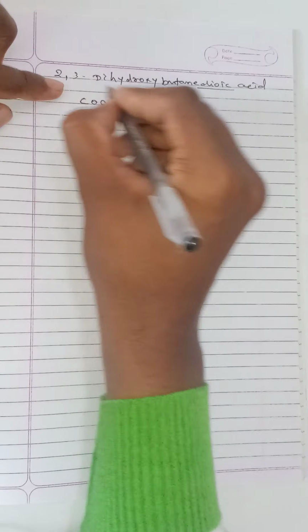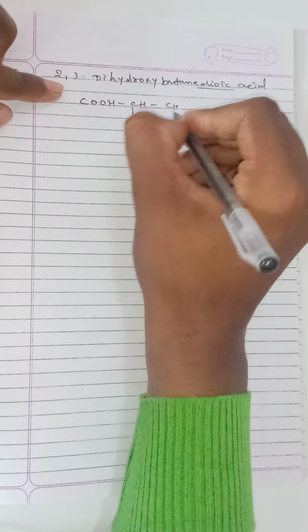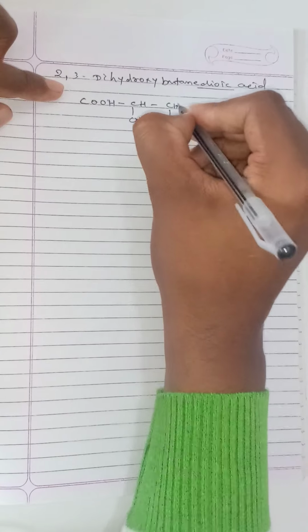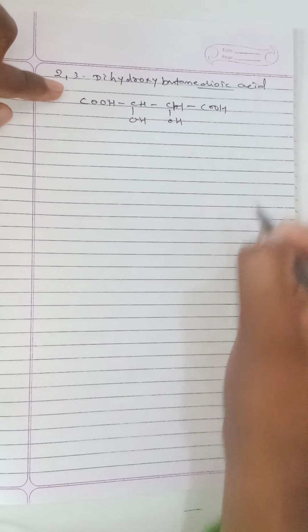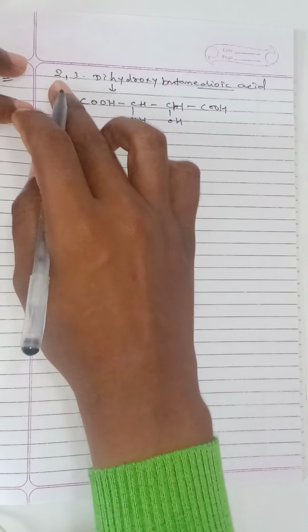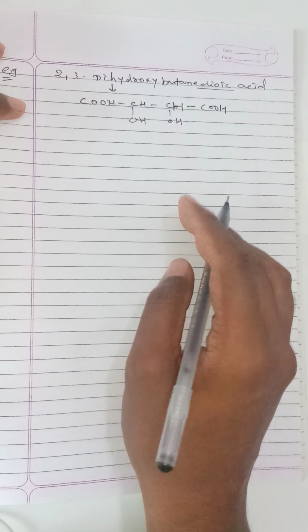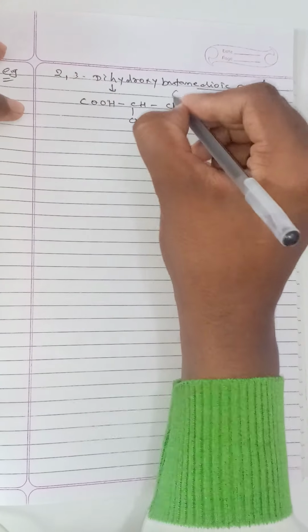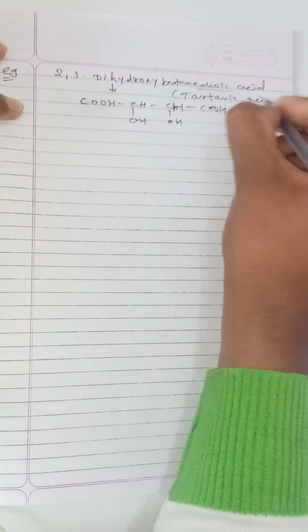Then on the second position an OH group is added, on the third position also an OH group, and then COOH. This is the structure of 2,3-dihydroxy butane dioic acid. Its general name is tartaric acid.